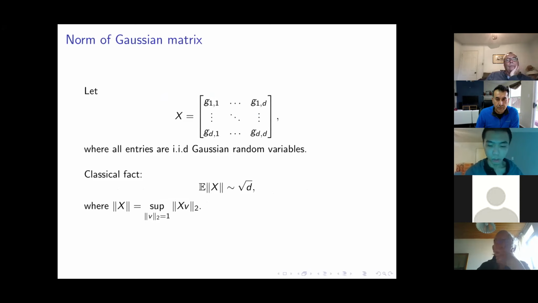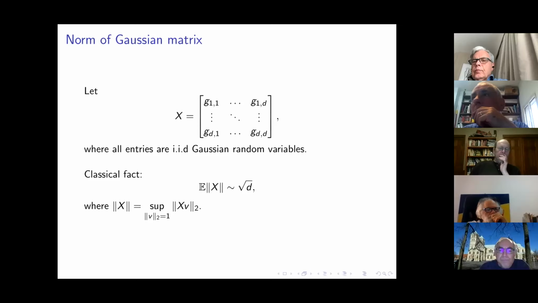So today I'm going to talk about, if you have a Gaussian matrix, a matrix where the entries are jointly Gaussian, mean zero, then what would be the norm? By jointly Gaussian, I mean they're just Gaussian, but not necessarily independent entries.